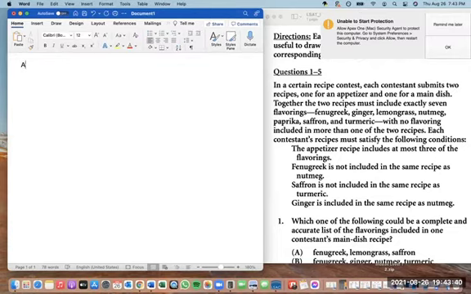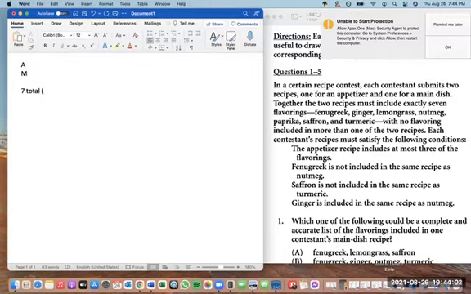So the reason I would still call this an in and out game is that we only have 2 groups, and together the 2 recipes must include exactly 7 flavorings. So we have 2 groups, 7 total between those 2 groups. And no flavoring is included in more than one of the 2 recipes.